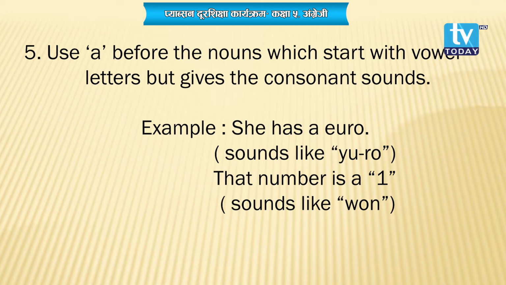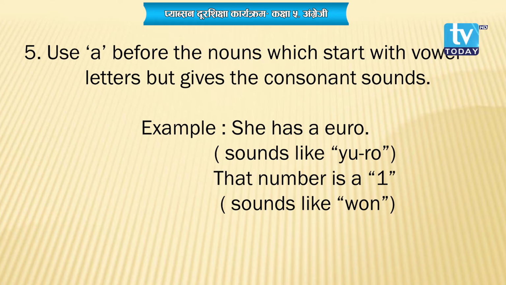Like in this example: She has a euro. Euro. For your clarity, I have given the sound there, like 'yu', a Y sound, a consonant sound. So we have written 'a euro'.